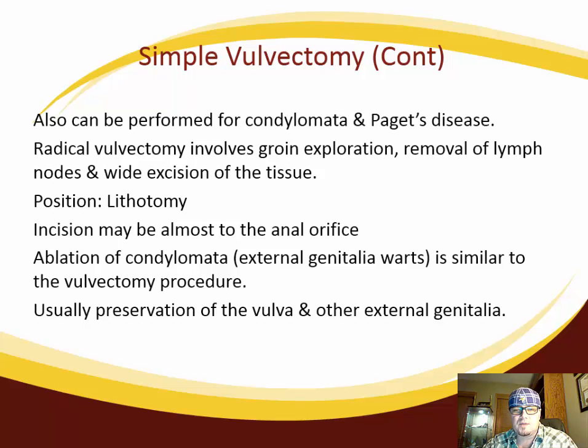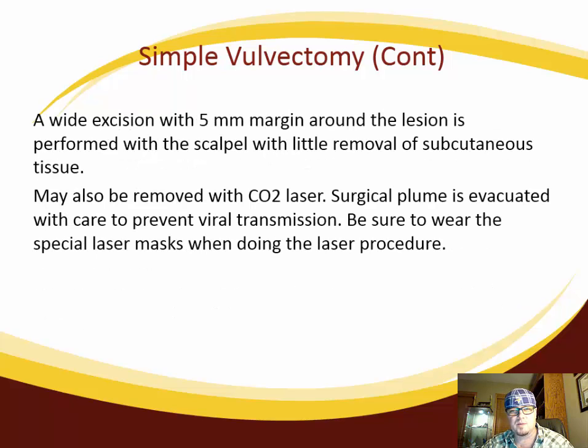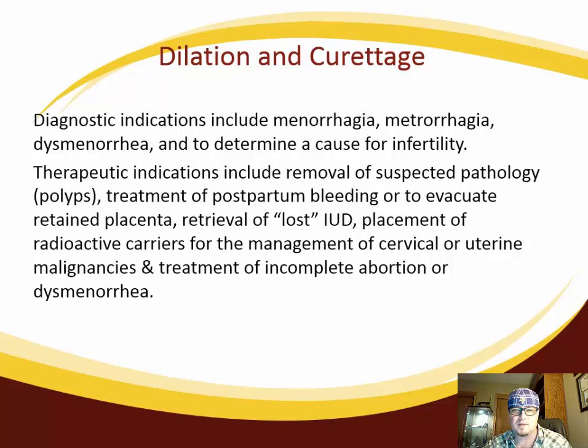Often they laser these warts off. Very important to remember, as we are lasering these warts off, the plume from the evacuation can transmit. You can breathe in this stuff and be getting it in your throat, in your mouth, in your nares. You've got to be very careful with the plume from these lasers. You don't want to be breathing that stuff in.